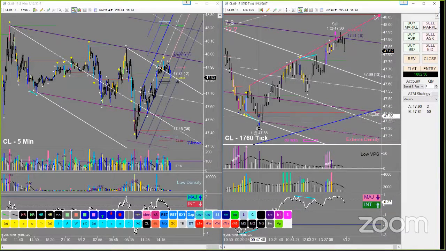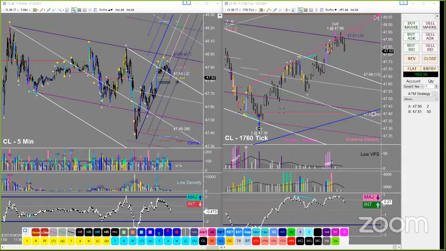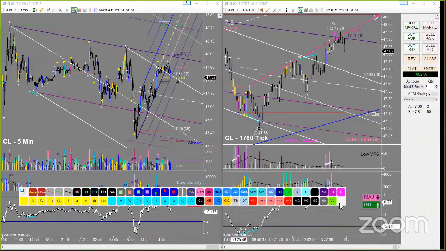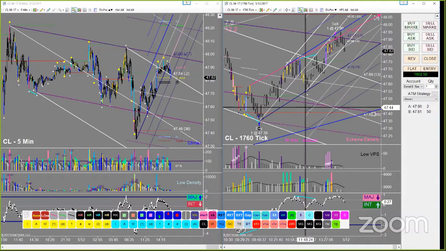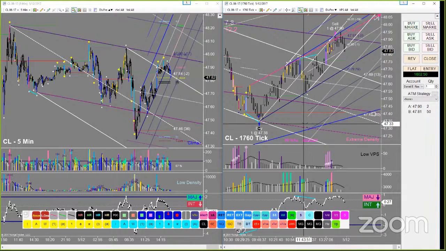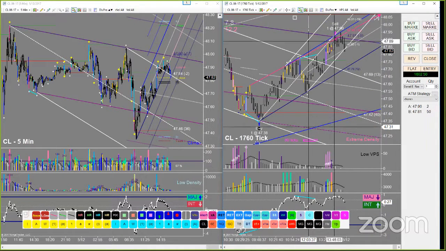But because we're able to get in at these confluence of areas in the market geometry and then confirm all of that with the volume and the divergence, we're able to get in with pretty small stops usually, and then end up getting these really nice moves where we're making many more times the amount of risk that we're putting on the trade. So this is just a perfect example of that.